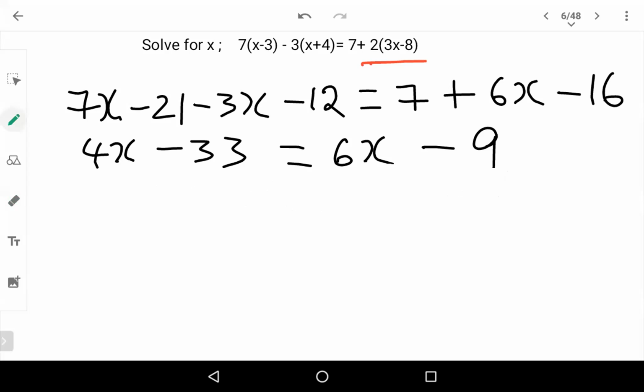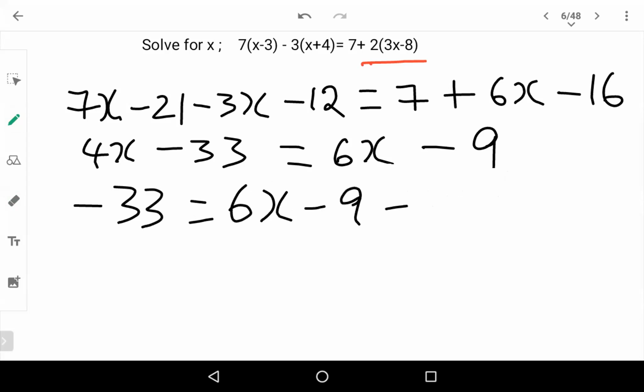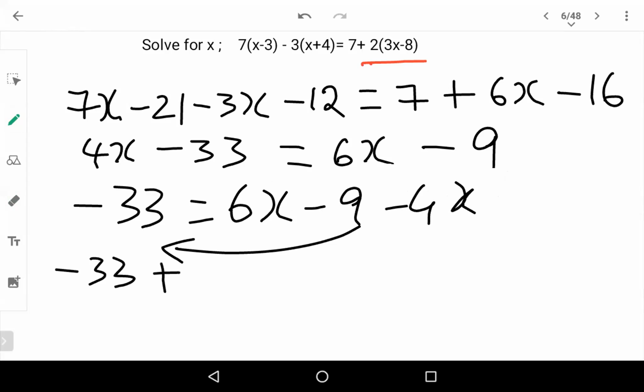Now, if I take 4x to the other side, minus 33 is equal to 6x minus 9 minus 4x. Correct? 6x minus 9 minus 4x. Now, I will take 9 to this side. So, minus 33 plus 9 is equal to 6x minus 4x.